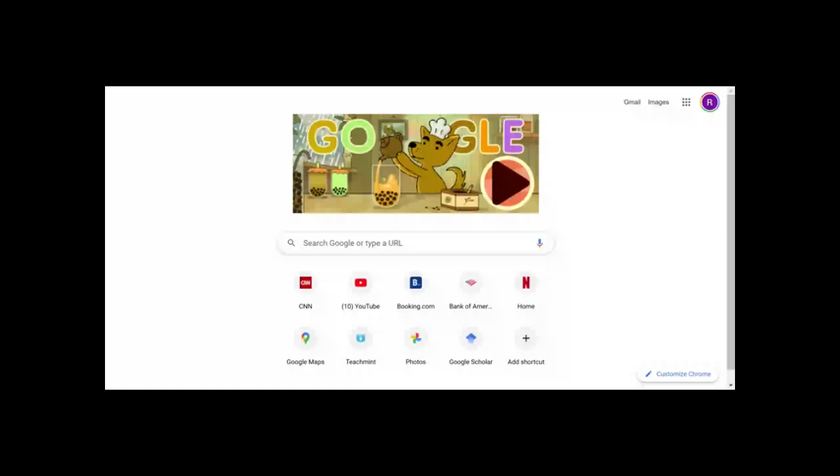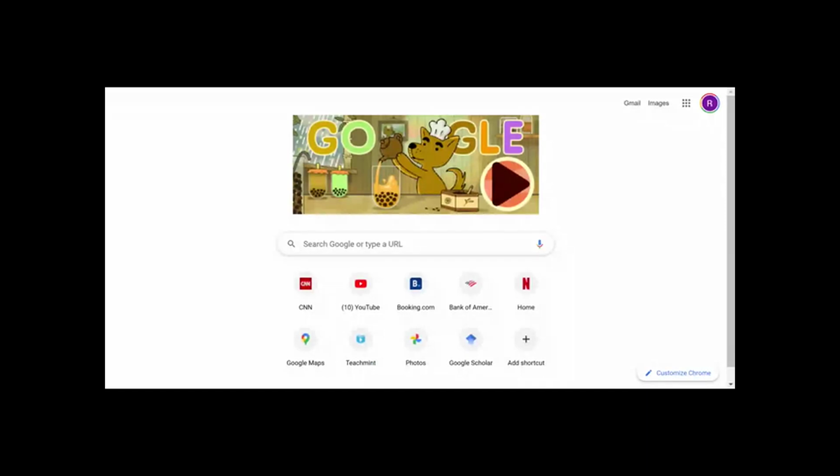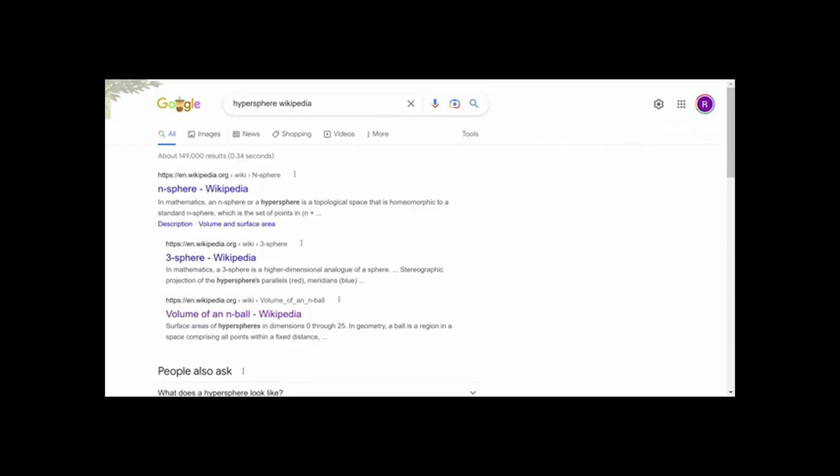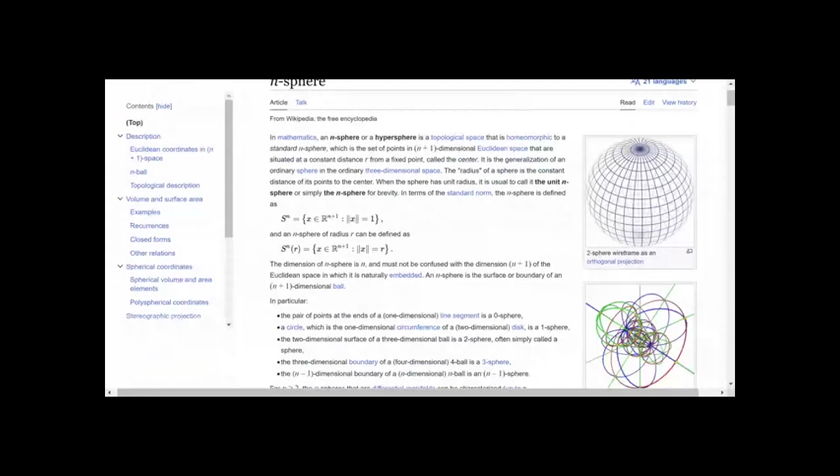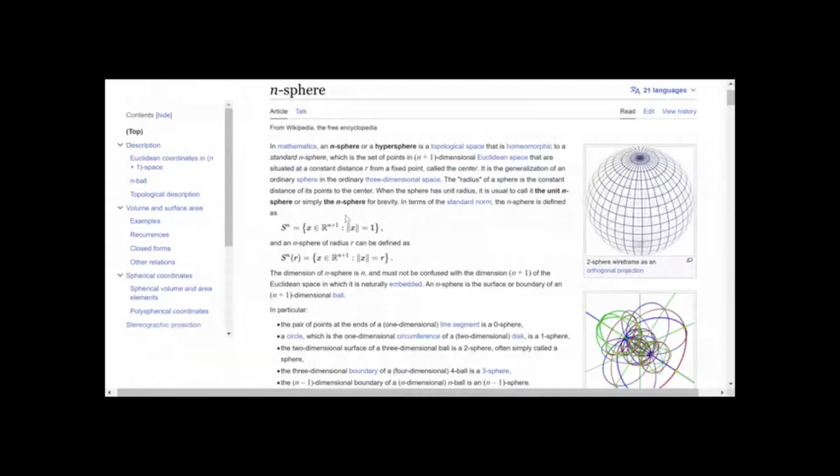Okay. Let's look up hypersphere in Wikipedia. N-sphere. It's called an n-dimensional sphere. Can you see this, everyone? Yes, sir.